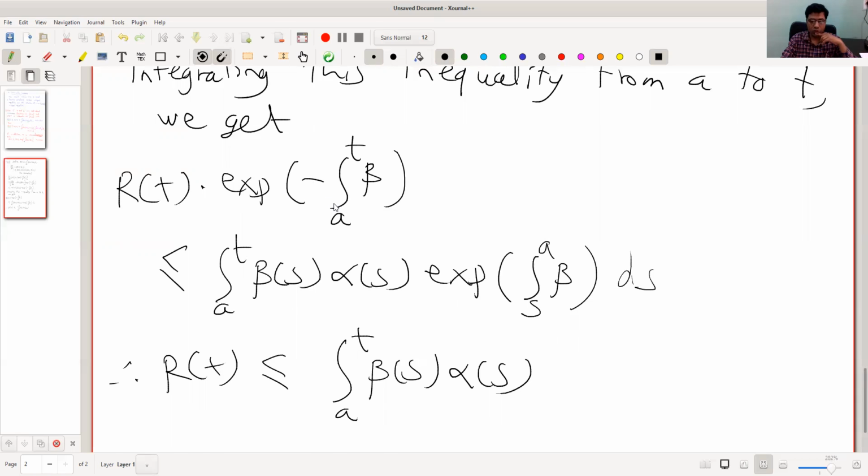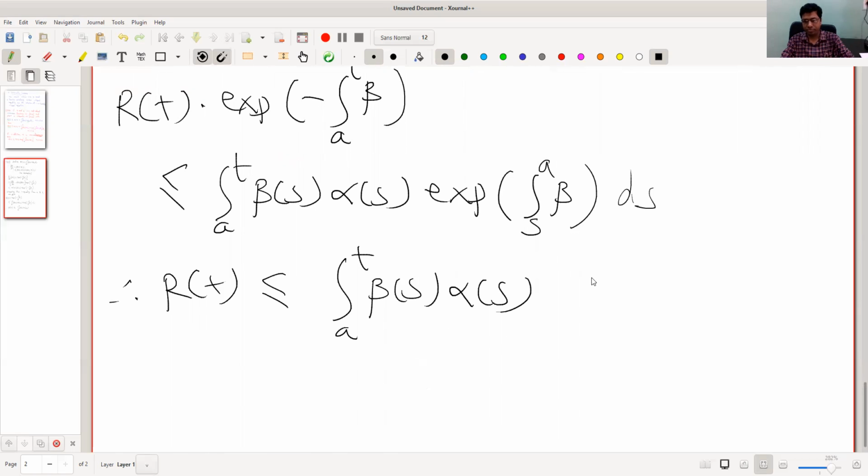So this will be e raised to integral s to a plus integral a to t. s to a plus a to t will be s to t. So it will add up to e raised to integral s to t.